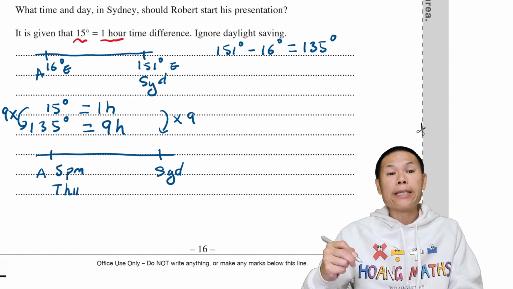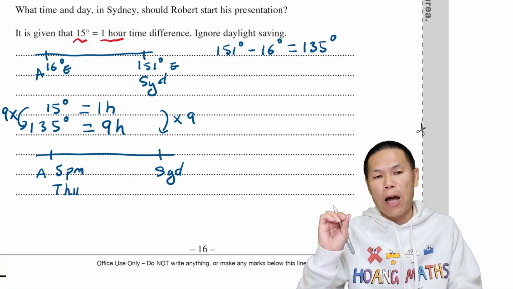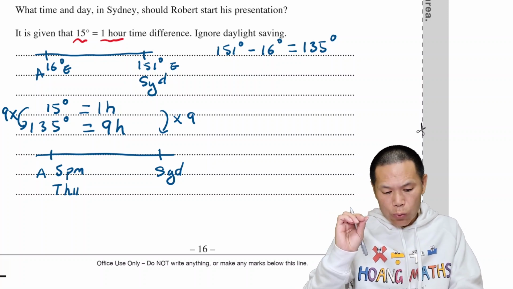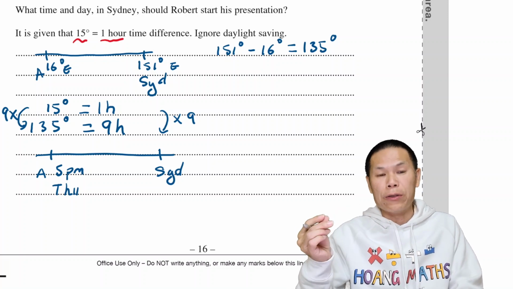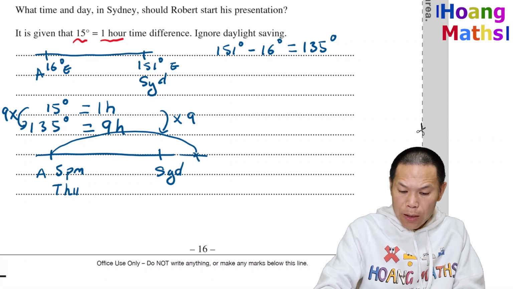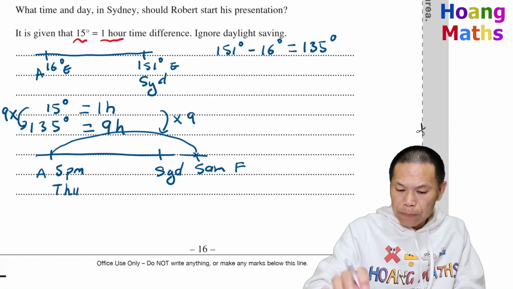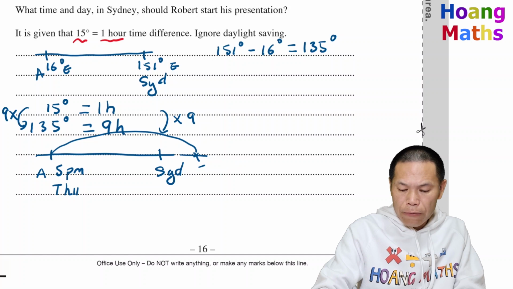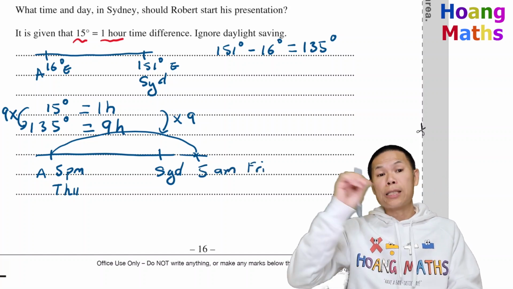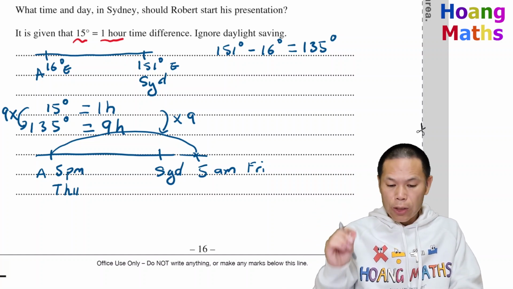And then we need to add 9 hours, because Sydney is ahead in time. The easiest way is to add 12 hours first. If you add 12 hours, that gives me 5 a.m. Instead of Thursday it is Friday. So 5 a.m. Friday, because from p.m. to a.m. will be the next day, the next morning.